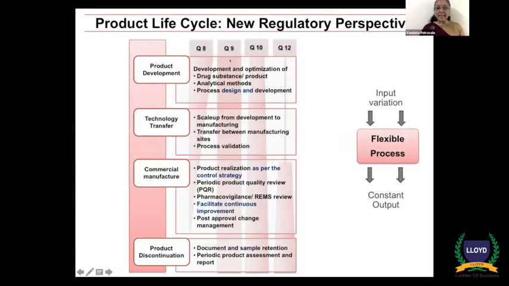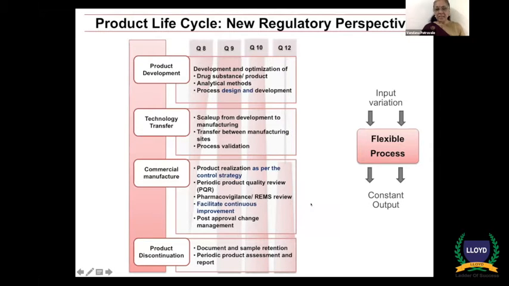That means that guideline is playing a role at each of these stages. Whereas when we look at Q8, that is very important at product development, and then it tapers down as we move forward. Same way, Q12 doesn't feature till we look at commercial manufacturing. So it's very, very important.